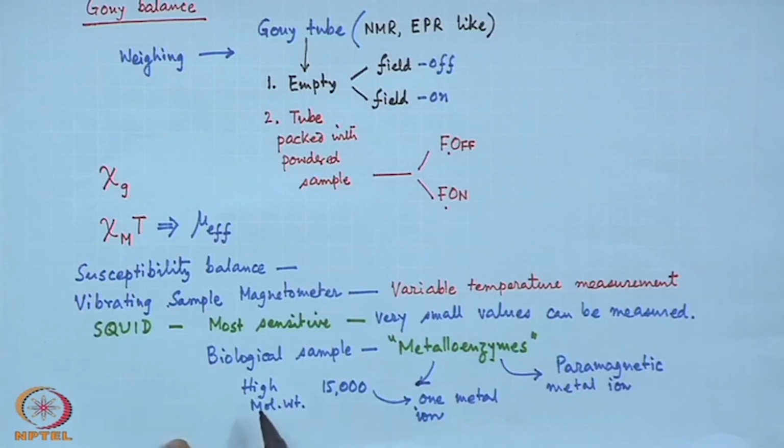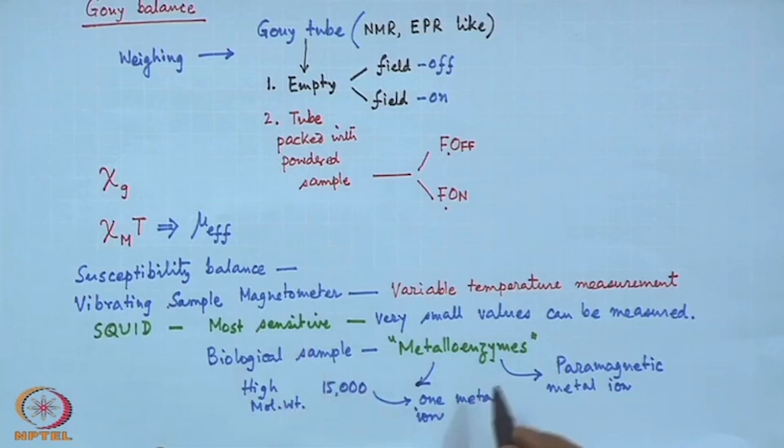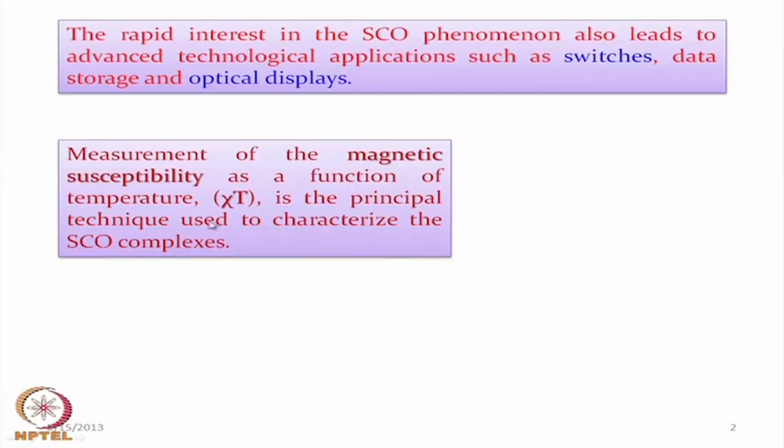So, SQUID is well suited for measuring that particular magnetic moment which is available through some metalloenzymes. So, these are the different techniques we can use for these magnetic moment measurements.